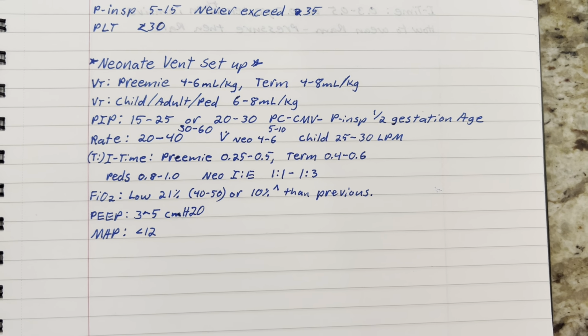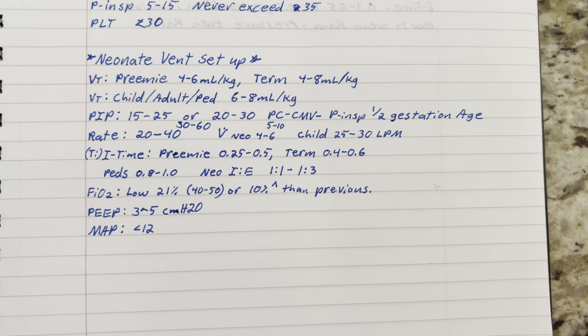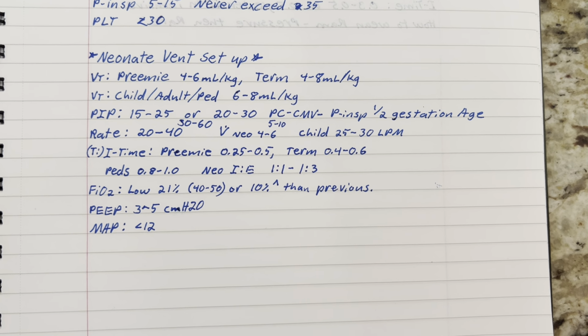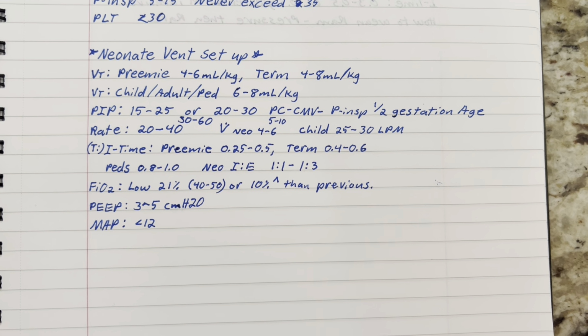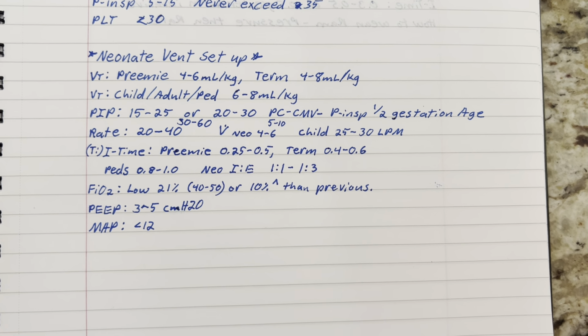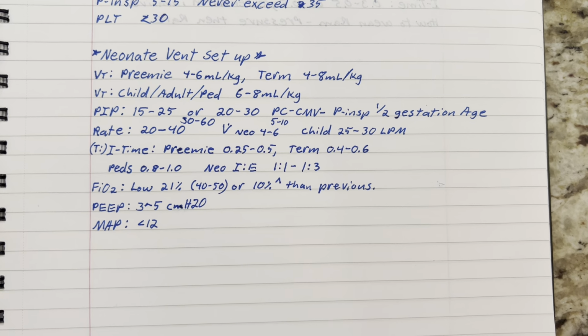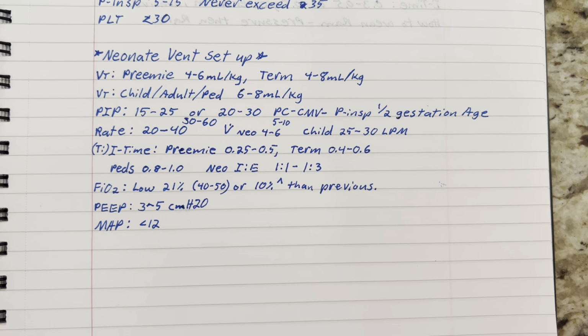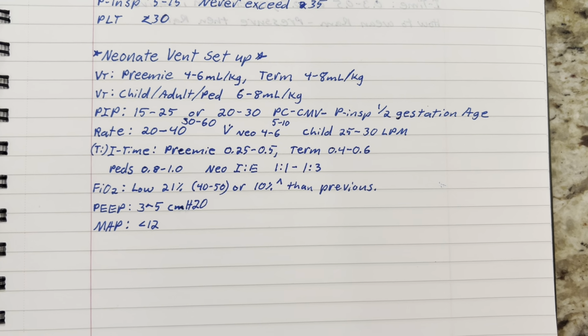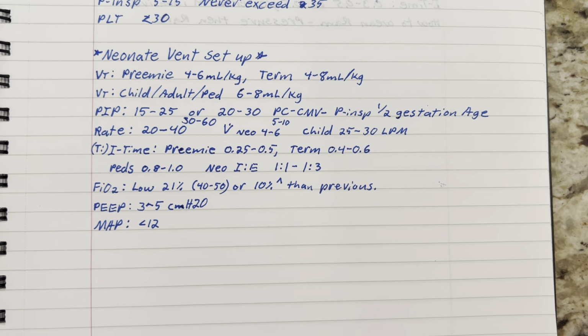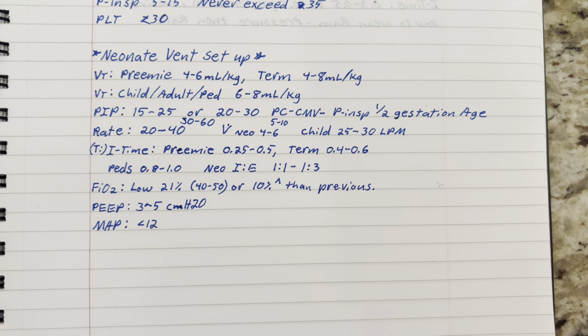I time for preemie should be 0.25 to 0.5. Term I time should be 0.4 to 0.6.